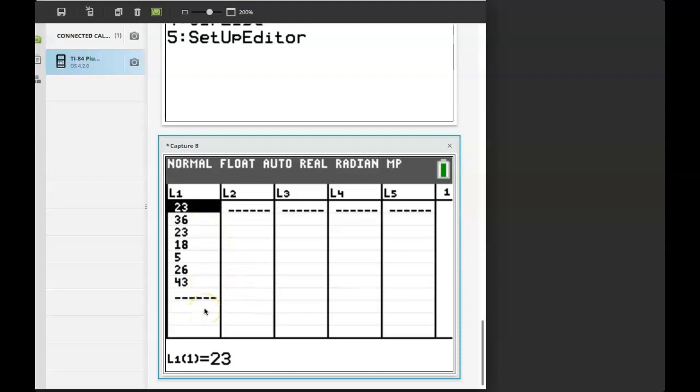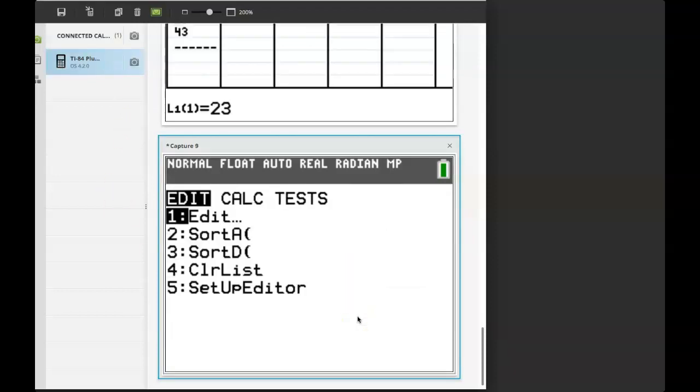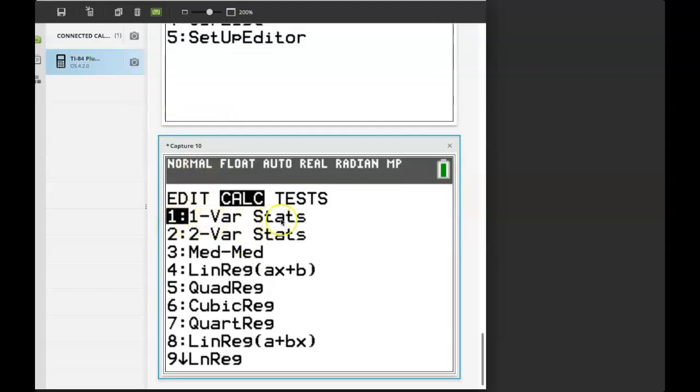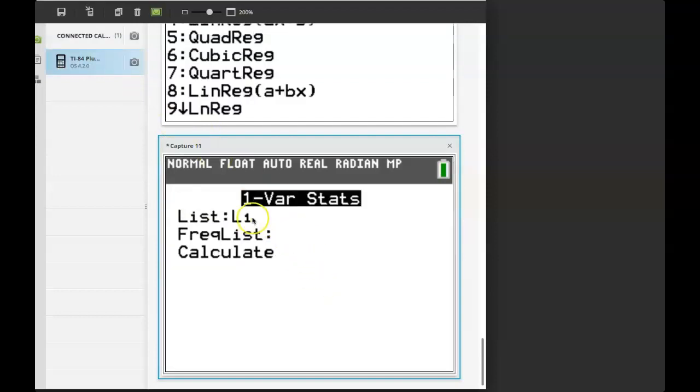After you entered, press that again. Now you should use this calculation part, calculate, instead of edit. So choose that one. The first one is 1-Var Stats. Choosing that, enter. Since we have one column, that is L1, you shouldn't have L2. So L1, enter, enter, again enter.